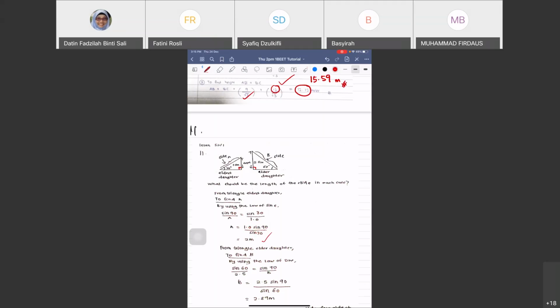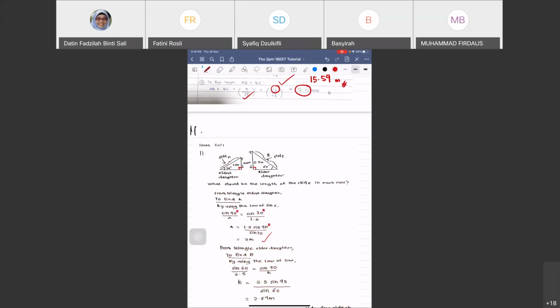I would like to remind everyone as well, because I noticed, even when I mark tests and assignments, when it comes to angle, please don't forget, if it's in degrees, put a degree notation.